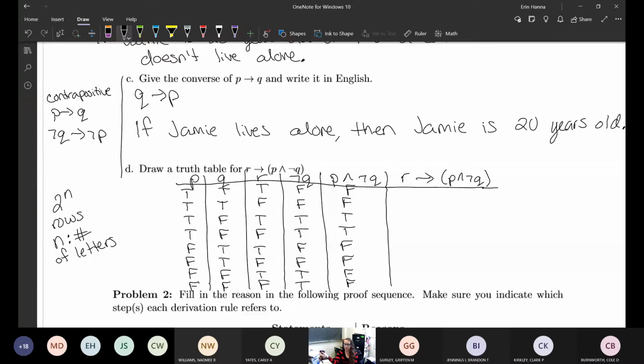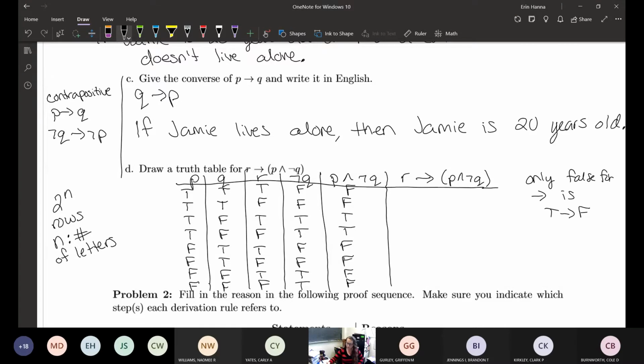Sorry, my brain's exploding. The only one that's false for implies is true implies false. Sorry, I said that backwards when I said it.